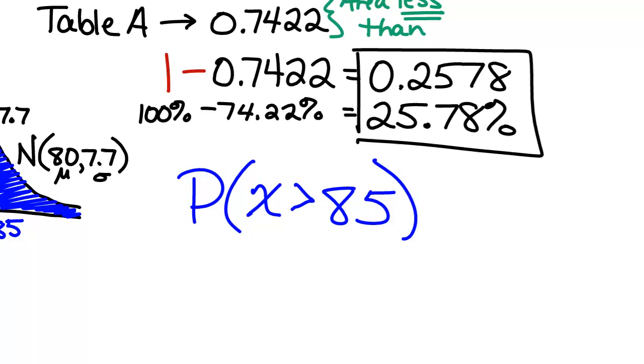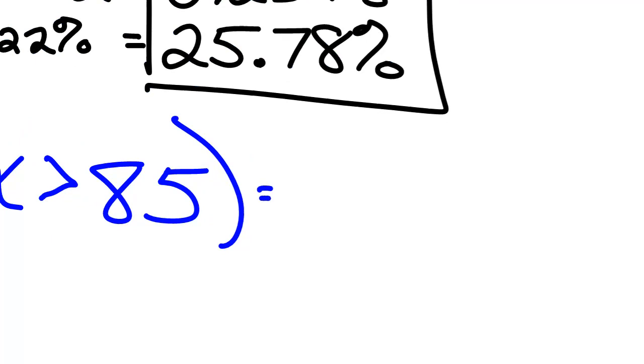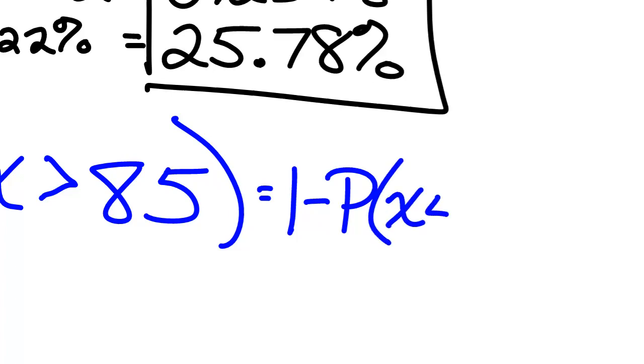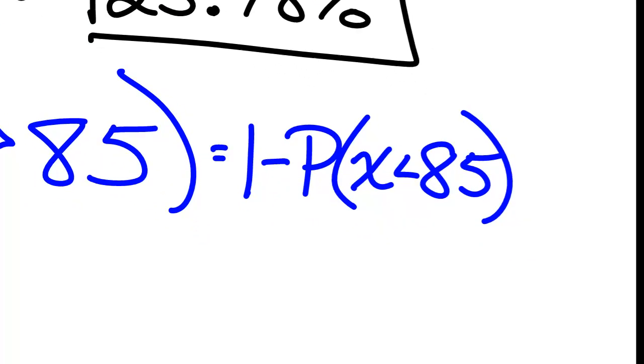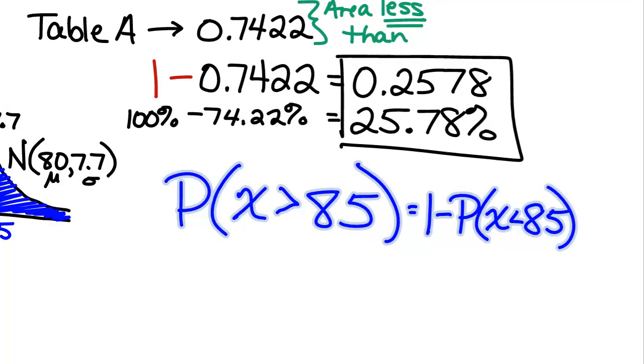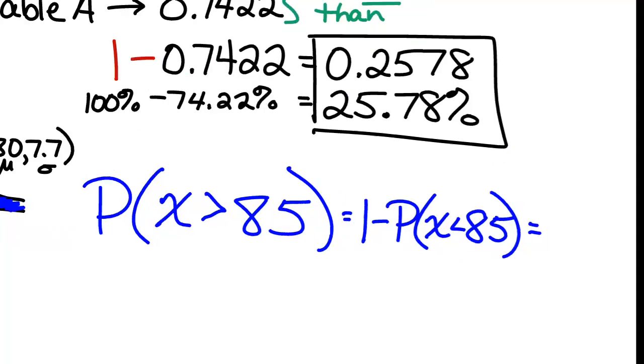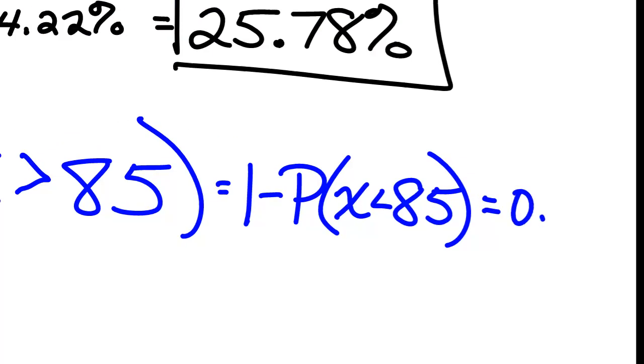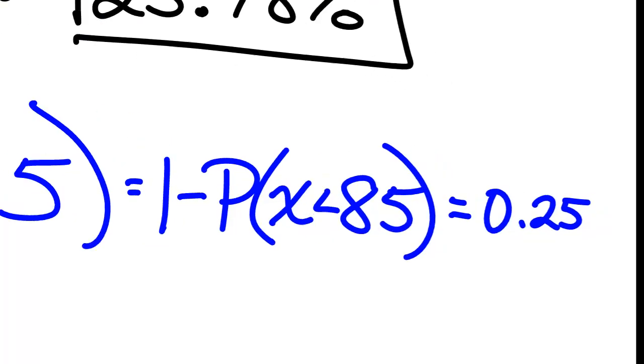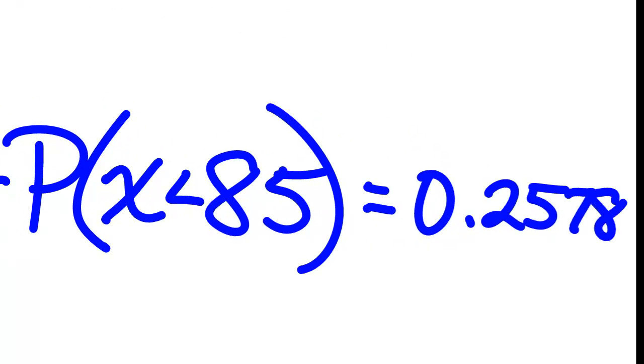We looked it up on table A. We did 1 minus. So if I wanted to be really, really clear, I would say that is the probability of 1 minus the probability that x is less than 85. Equals, and then we'd have 0.2578. Or you could write it as a percent.